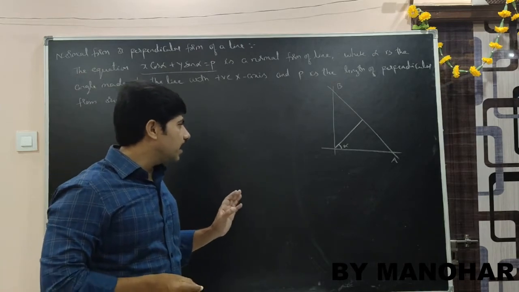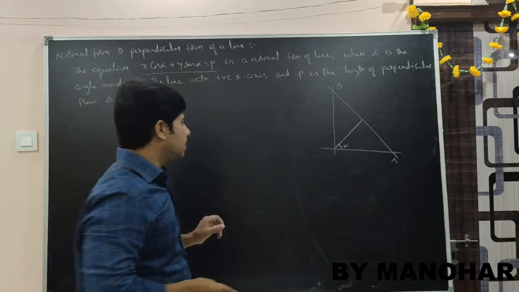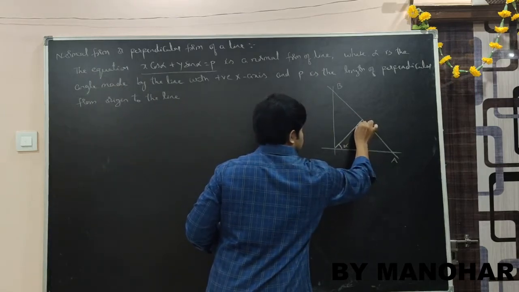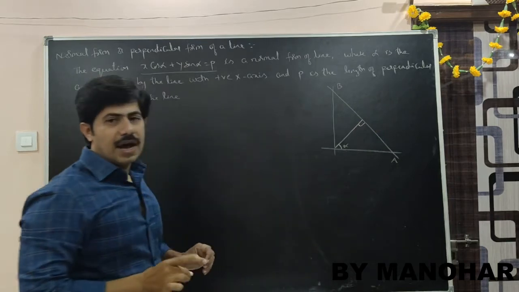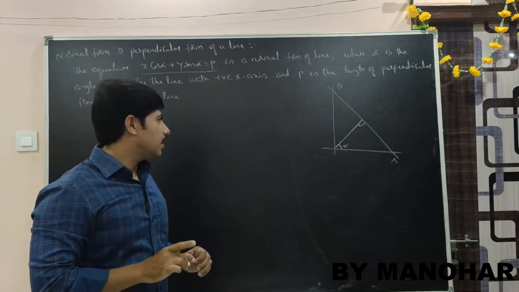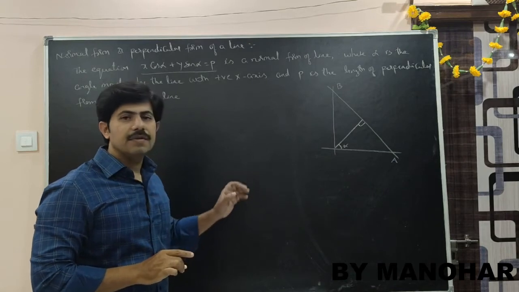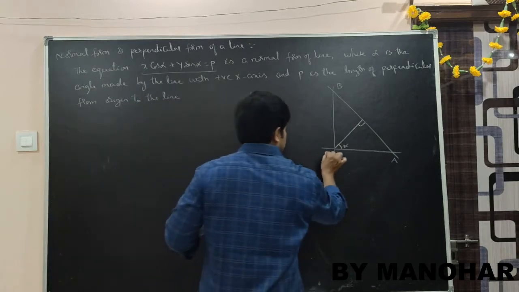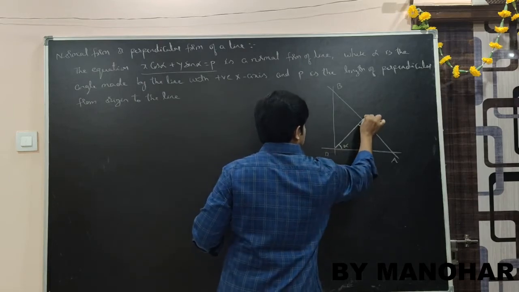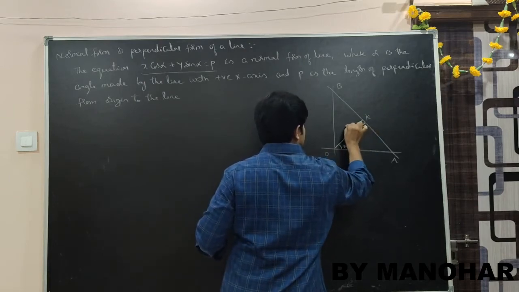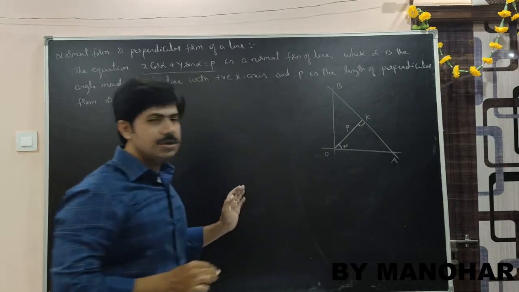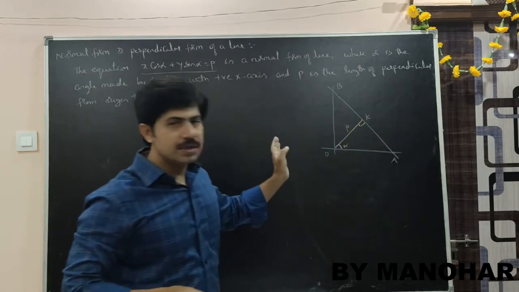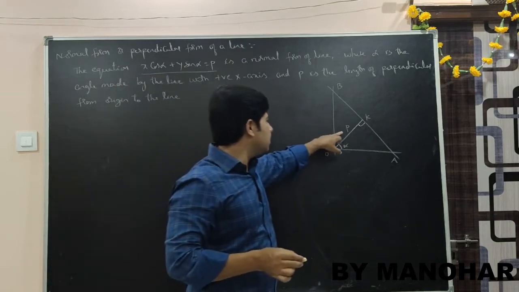And from where we are getting the line, that is also important. It is a perpendicular line. Alpha is the angle made by the line with the positive direction of x-axis, and the distance from origin to the line, where the perpendicular intersects AB, I am denoting as K. So OK is nothing but p.